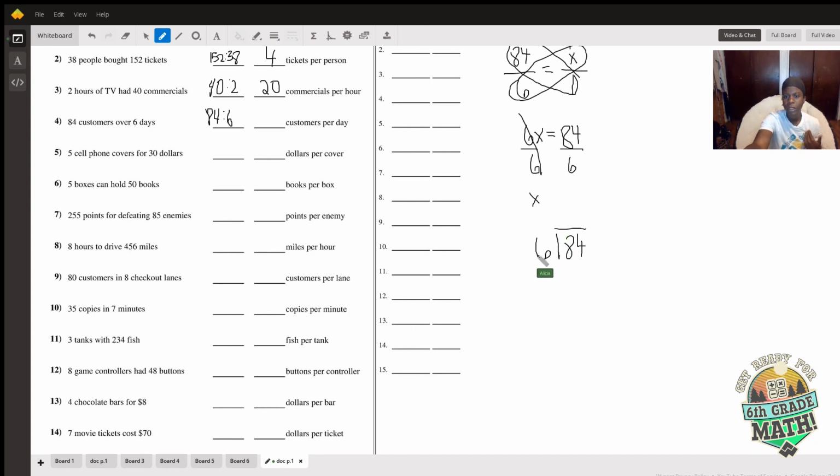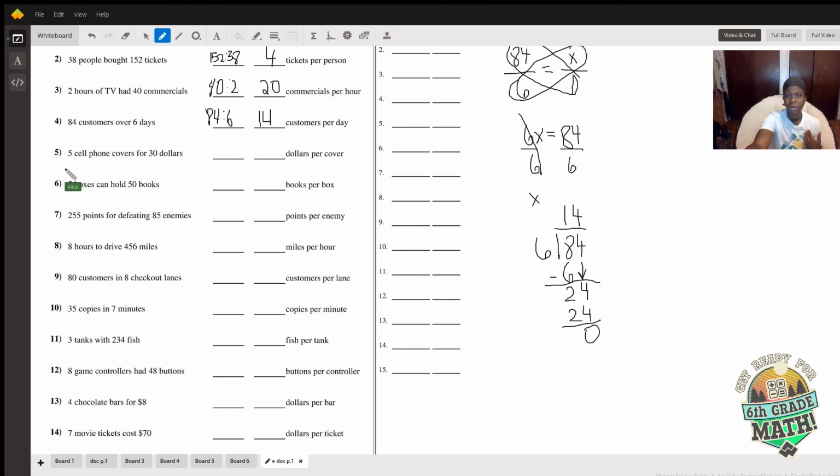So you ask yourself the question, how many groups of 6 go into 8? 1. 1 times 6 is 6. 8 minus 6 is 2. We bring down the 4. We ask ourselves the question again, how many groups of 6 go into 24? 4. 4 times 6 is 24, which gives you 0. So 14 customers per day.